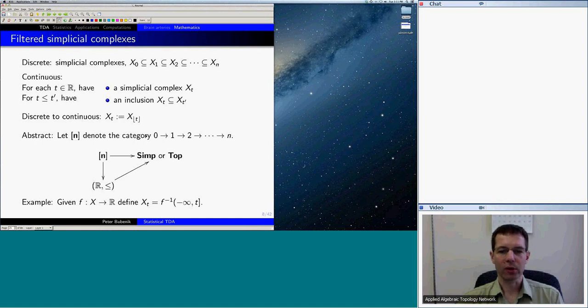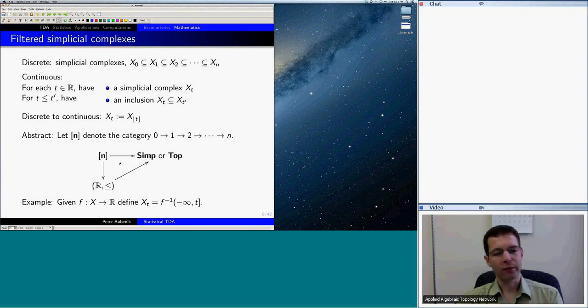If we look at this simple array of objects that has a total order on it, or n plus 1 objects, we can think of our discrete filtered simplicial complex as just a functor from this index category into simplicial complexes, or into the category of topological spaces, and the continuous one is just a functor from the poset of real numbers.